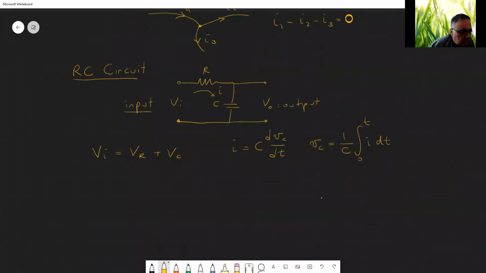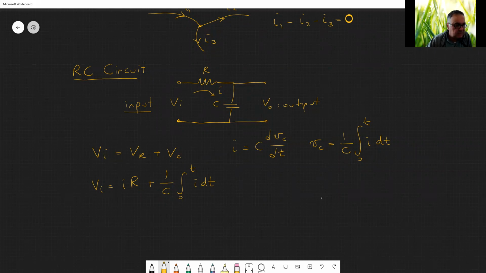And we know that VR is equal to IR, so VI is equal to IR plus VC, which is 1 over C integral 0 to T of I dt. Okay. Well, this is the equation that describes the system, but we would like to get rid of the I term if possible.